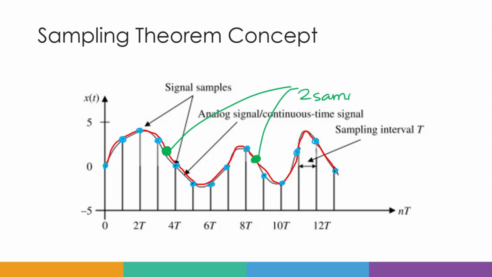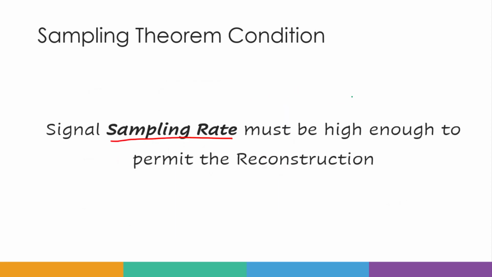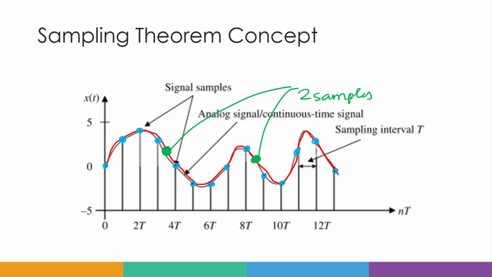No, it's not possible, because there are not enough samples to reconstruct the original signal. So that is the condition of the sampling theorem: the signal sampling rate must be high enough to permit the reconstruction, right? The sampling theorem says that we can reconstruct the continuous time signal from its samples, but there are some conditions. Only if we follow the condition will we be able to reconstruct them back.